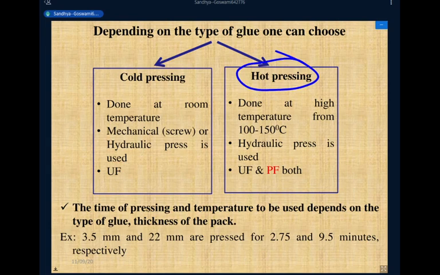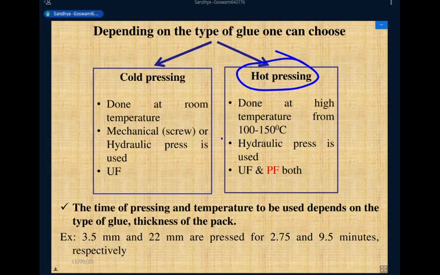Now, what is the difference between hot press and cold press? Cold pressing means that once you stack your plies, you press them in the hydraulic press at room temperature, with no artificial temperature given.